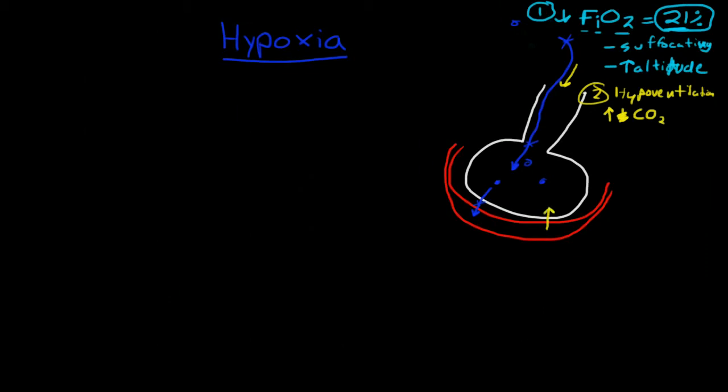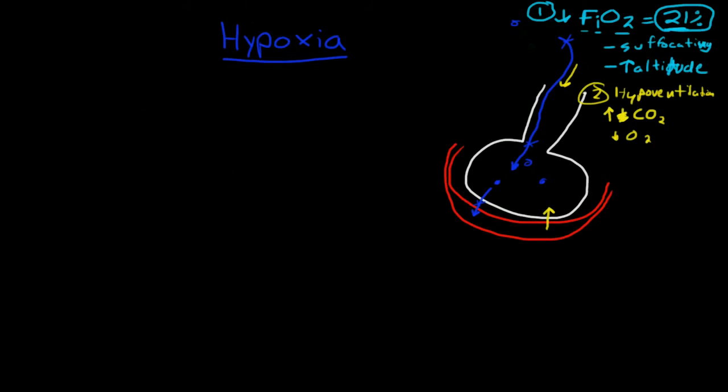Because the CO2 is going to build up very quickly in the alveolar space because of its rapid diffusion, and then only a few minutes later is the oxygen level going to drop. Okay, so that's the second thing that could happen.